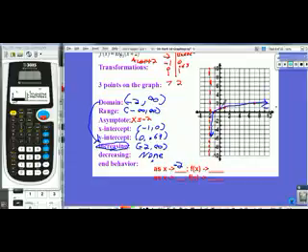The curve, the function, goes down towards negative infinity for the y's. As x goes to the right towards positive infinity, f of x also goes up towards positive infinity.